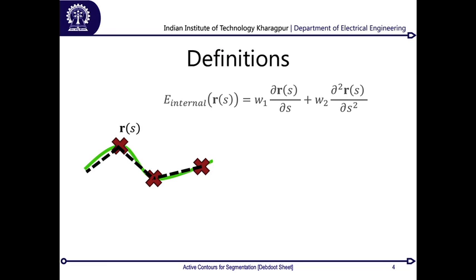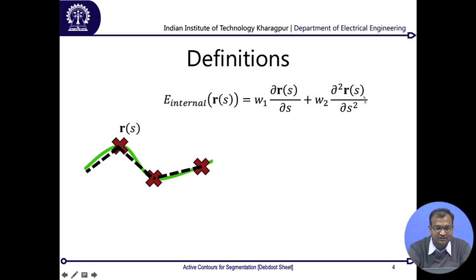Now if that is the situation, at a point r(s) we compute something called an internal energy. Okay. So this internal energy is basically a weighted summation of the first order derivative and second order derivative along this particular curve. Now look at this, we are taking a derivative along the points on the curve, along this parameter S. It is not an image derivative or a derivative of the grayscale intensity of the image, which we use at a different point.